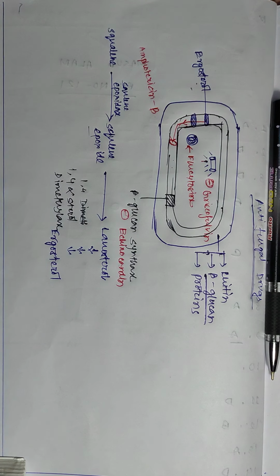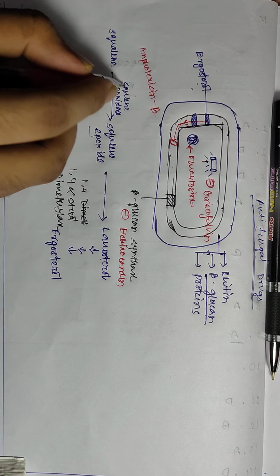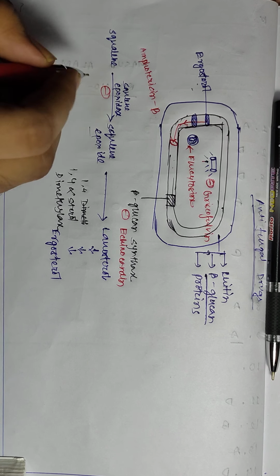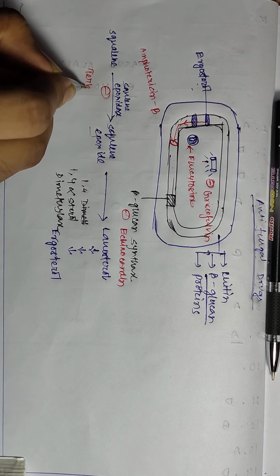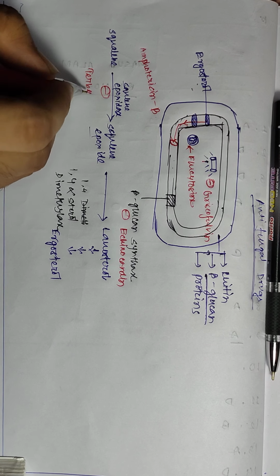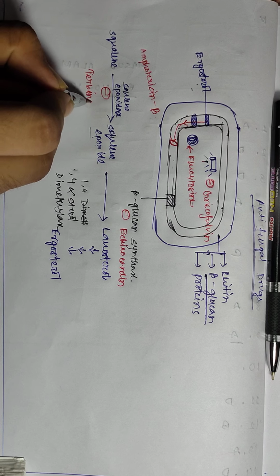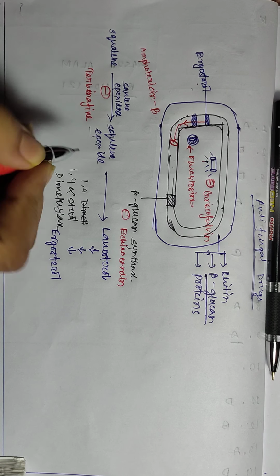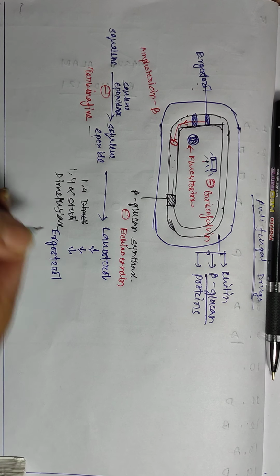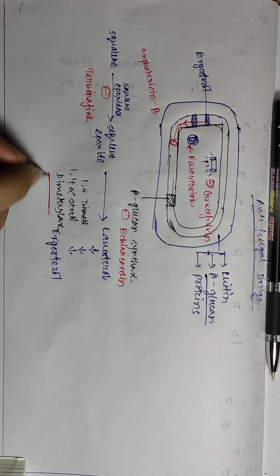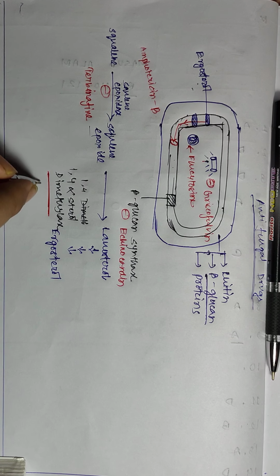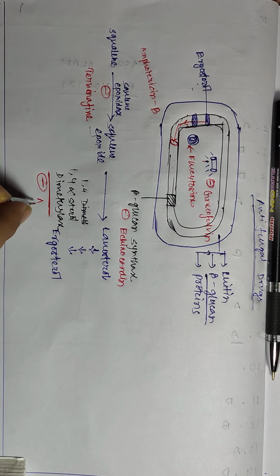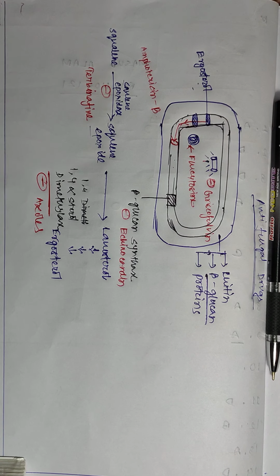So you can block here also. You can block squalene epoxidase by the drug terbinafine. And you can block this main enzyme of ergosterol formation by a group of drugs known as azoles, right? So let's come to the individual drugs.